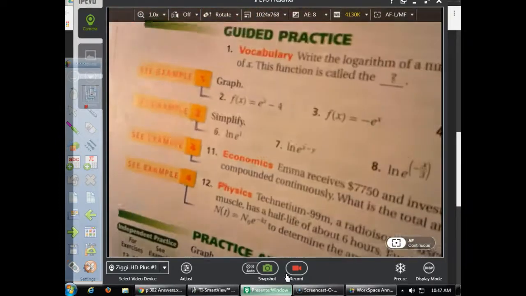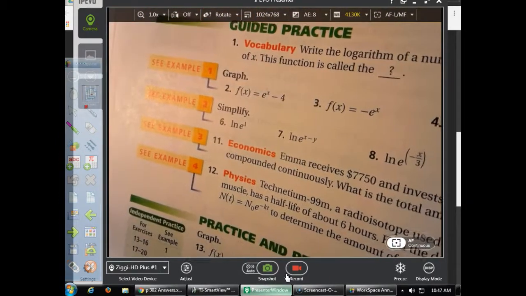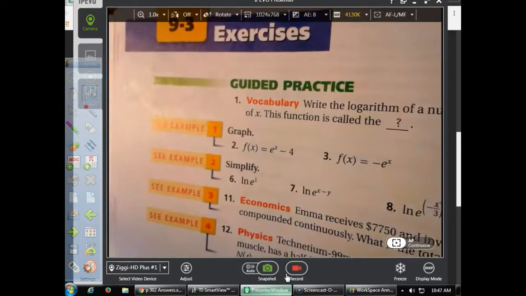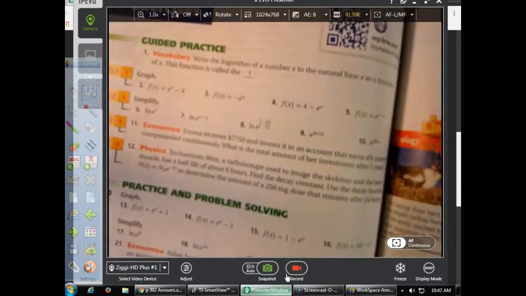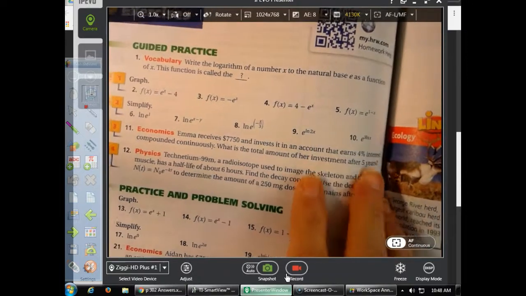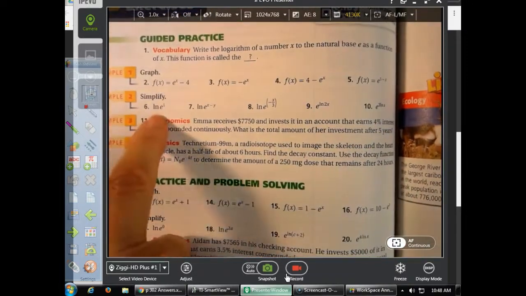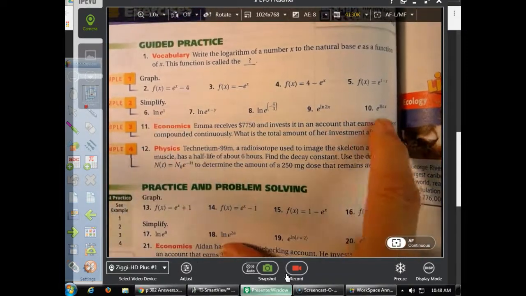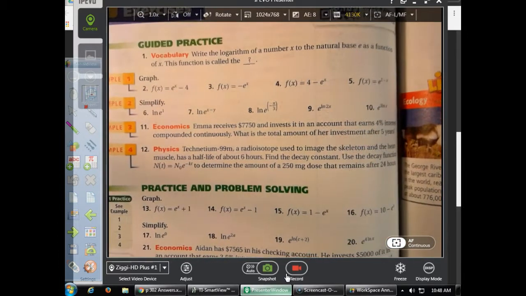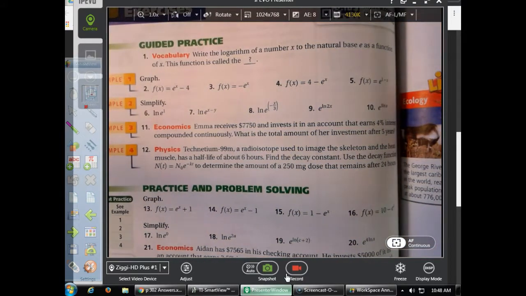Now, I do want you to look at 302, 6 through 10, and see if you have any questions. Okay, so I had intended to sort of do that as a warm-up. So just real quickly, on your sheet of paper, you can even do it down here at the bottom. Go ahead and do 6 through 10. So it'll kind of be our warm-up for today's lesson.